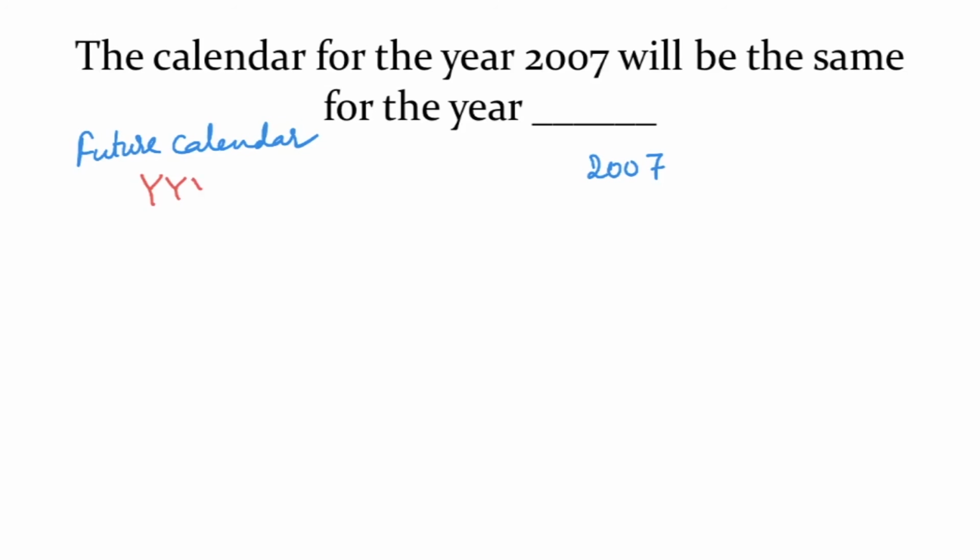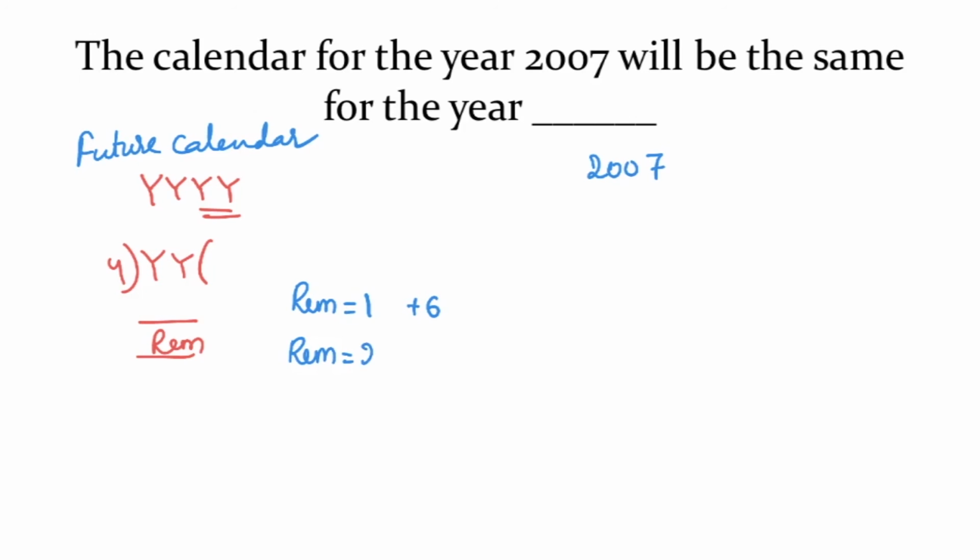You will be given a year, divide the last 2 digits of the year by 4. There you get some remainder. If remainder is 1, then add 6. If remainder is 2 or 3, add 11. If remainder is 0, then add 28.